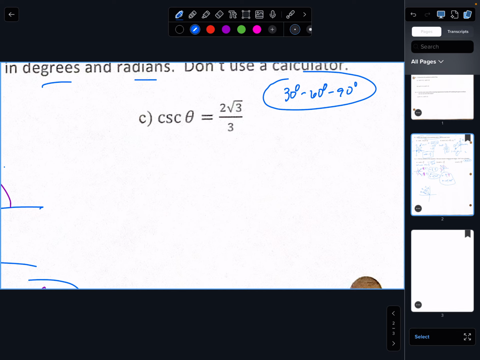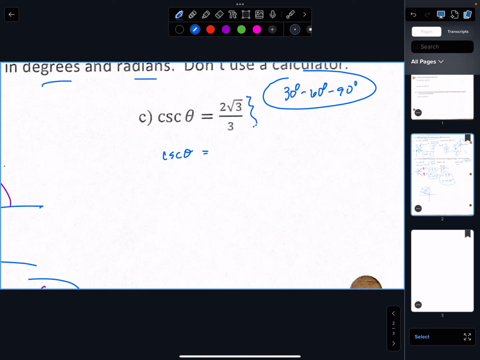And what I think is helpful for me is this is rationalized. What was it before you rationalized? 2 over rad 3. And what is the reciprocal function for cosecant?